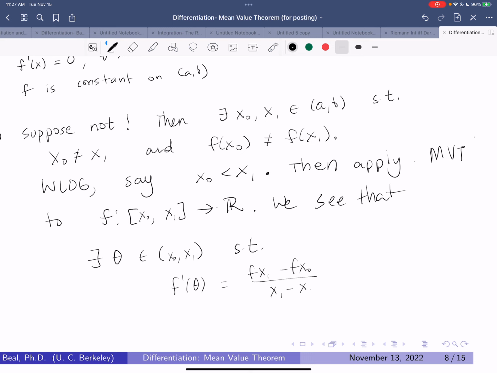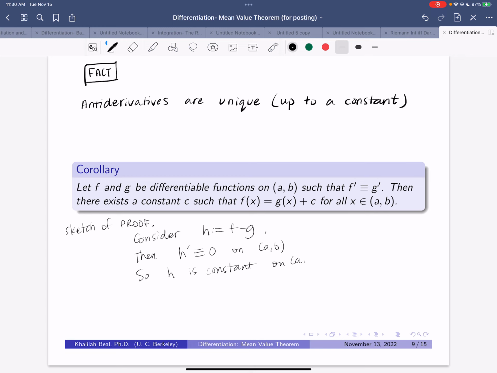Then h is going to be differentiable, right? So h prime is identically equal to 0 on (a, b). So by our last fact, h is constant, right? So there exists a c in R such that h of x is equal to c for all x in (a, b).